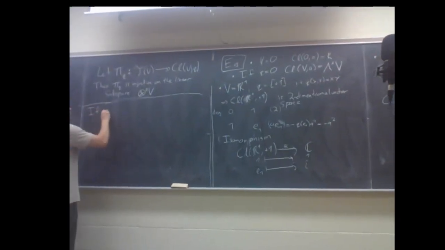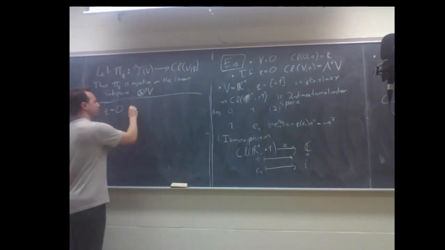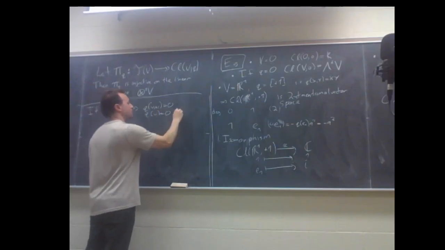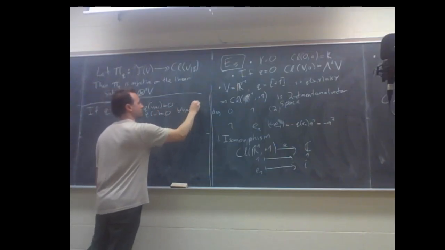So if Q is 0, Q is the 0 form. So therefore Q(V,W) equals 0 and Q(V) equals 0 for all V, W, right?